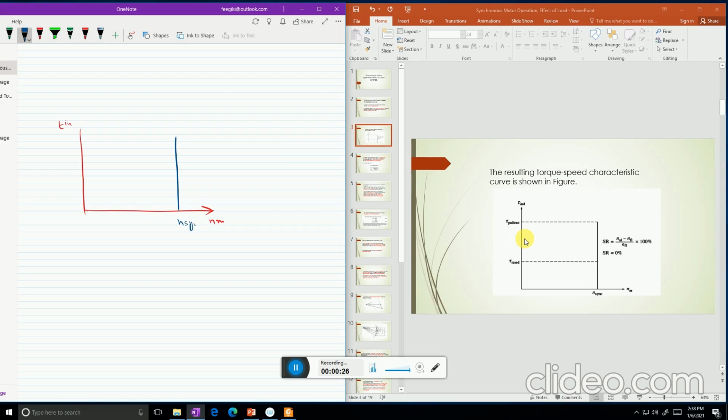As the torque is increasing, the speed will not be affected. So torque is not affecting the speed, which will remain constant. If this is the rated torque, then this will be the pull out torque, the maximum torque that a motor can bear, which is the pull out torque.